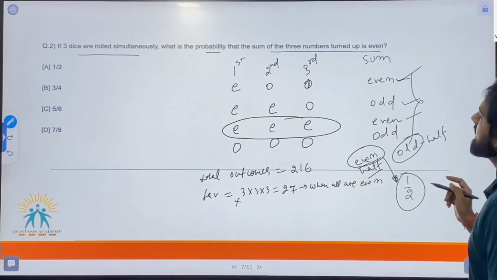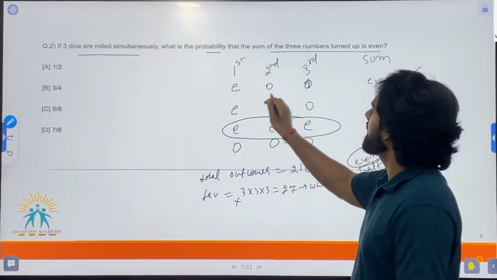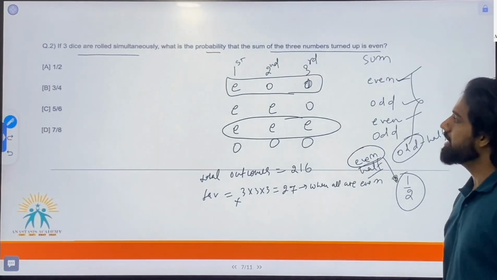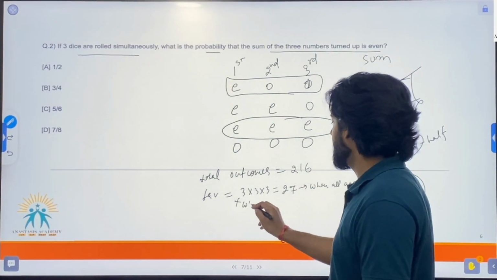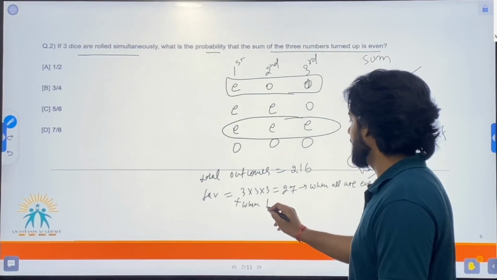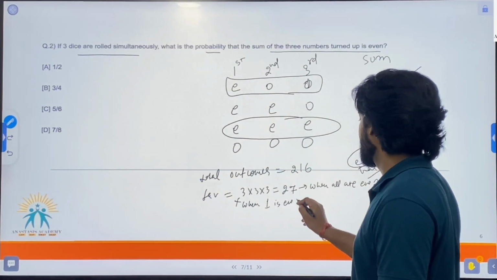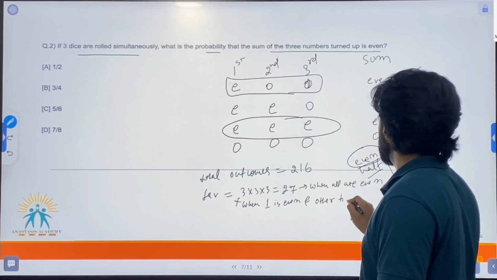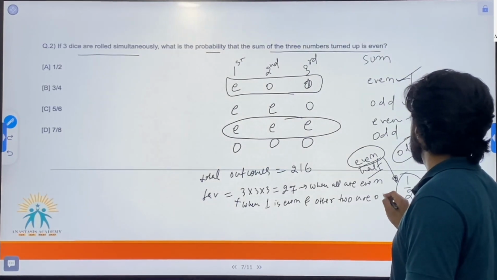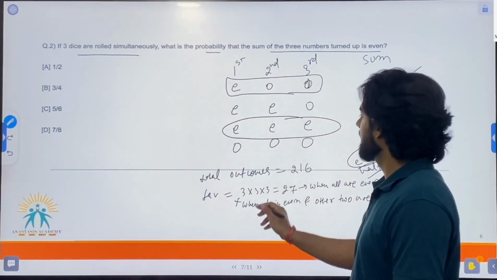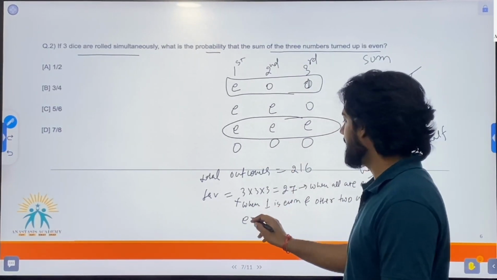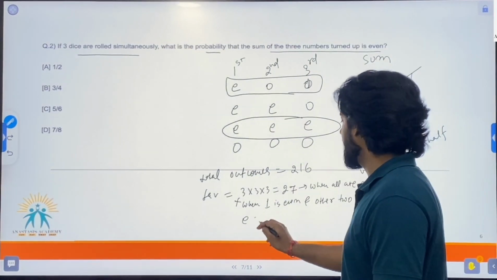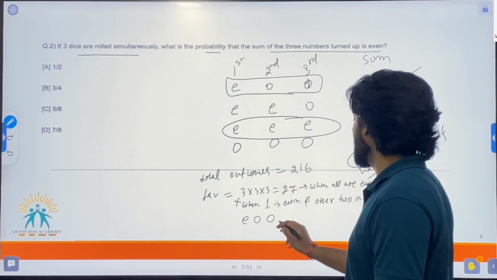Plus there is a case when the sum is even when one number is even and 2 numbers are odd. In this case, on die 1, I get the even number, on second, I get odd, and on third, I get odd.